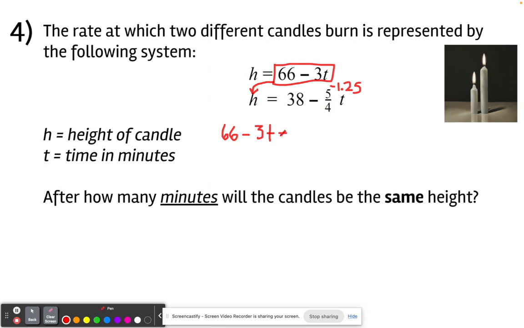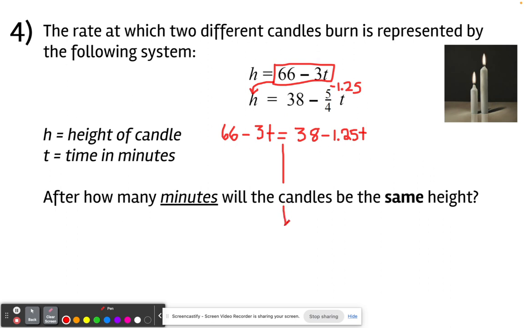That will equal 38 minus 1.25 or 5/4, whichever you prefer, t. And when I solve this, it will tell me when the height of these two candles will be the same. That's what I'm looking for.